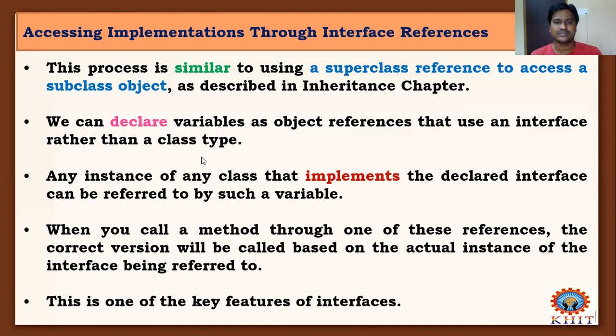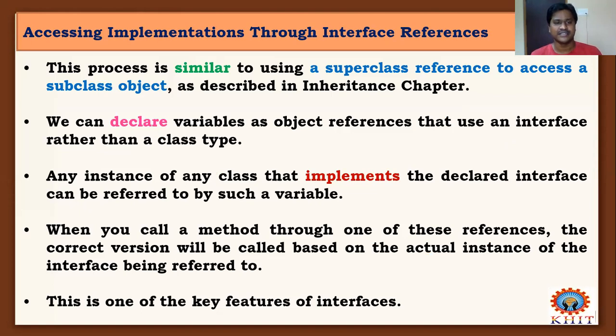So here, generally these variables we can use to refer to the objects of classes. And from an inheritance point of view, a superclass reference variable can access subclass objects.